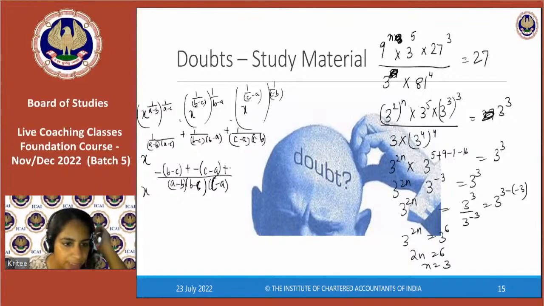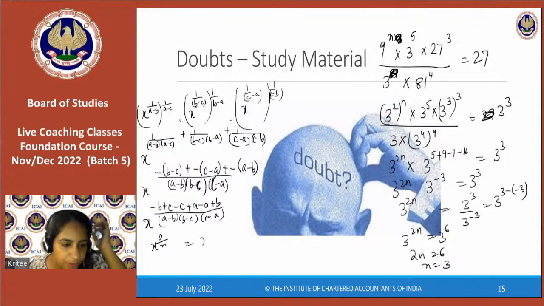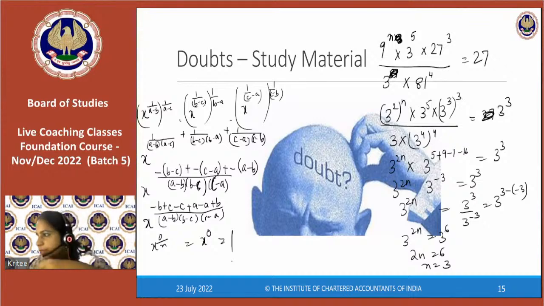So minus, this is c minus a is there, b minus c is there, a minus b. So open the bracket. X raised to power minus b plus c minus c plus a minus a plus b, whole upon this a minus b into b minus c into c minus a. Everything in the numerator cancels out. X raised to power 0 upon some number. So x raised to power 0 gives you answer as 1.